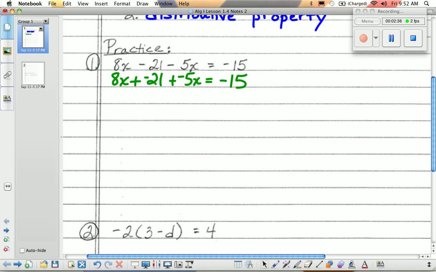Then we can look to see, first of all, is there any distributive property to do? What is distributive property? What am I talking about when I say distributive property? In order of operations, does anybody remember the complete order of operations?